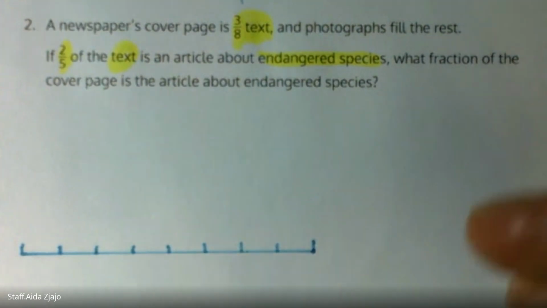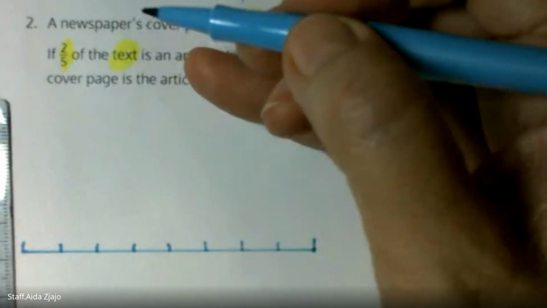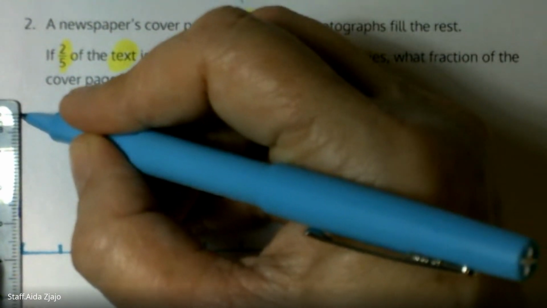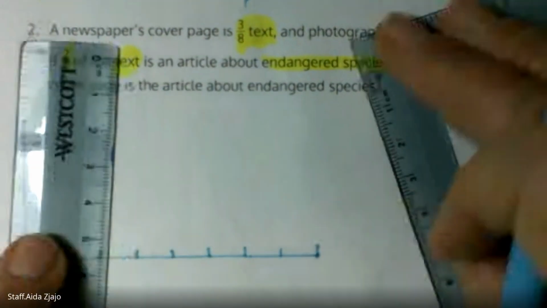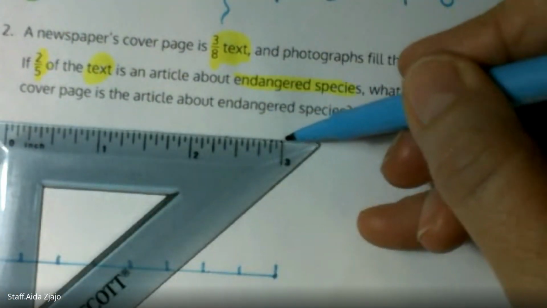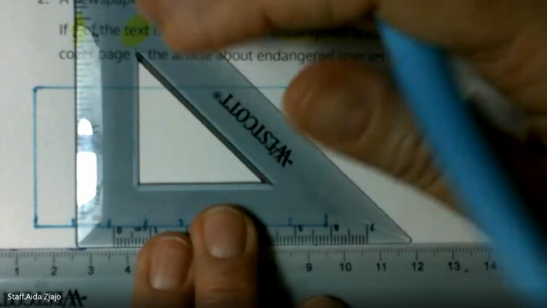Now I need to show 8. It doesn't matter if I go down or up. I'm going to make a rectangle and make 8 pieces.